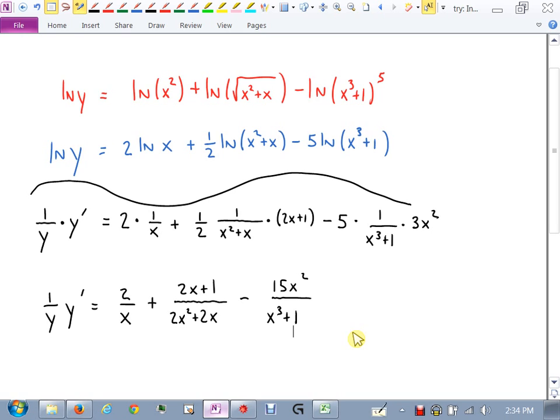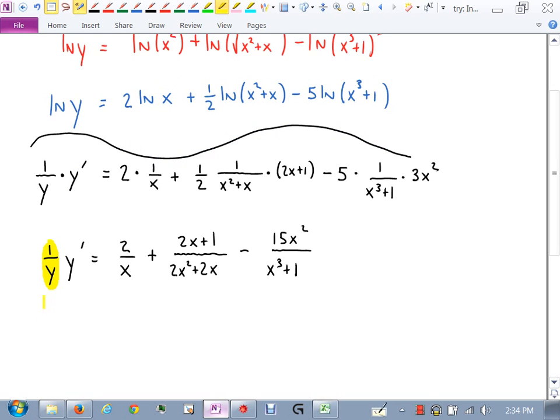We're almost there. The only problem we have, does anyone see it? 1 over y, right? I want y prime, don't I? So multiply both sides of the equation by what? Y, right? So I'm going to multiply the left side of the equation by y. Multiply this side of the equation also by y, right?